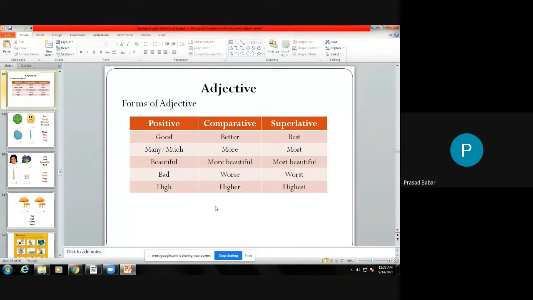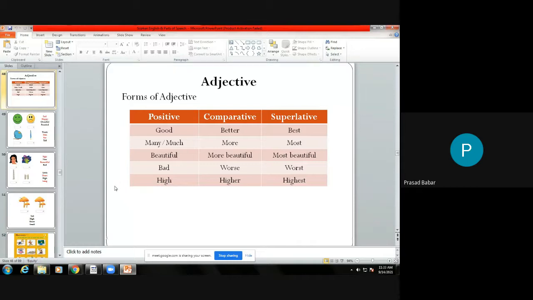That is why here we will use worst. Bad, worse, worst. The next is high. High is positive. Its comparative adjective is higher, and its superlative adjective is highest. High, higher, highest. So these are the forms of adjectives that we have seen in this slide.